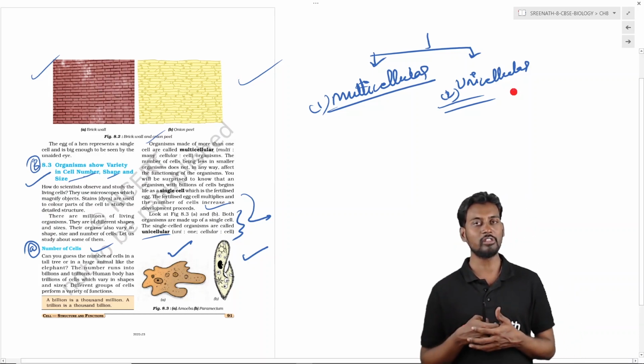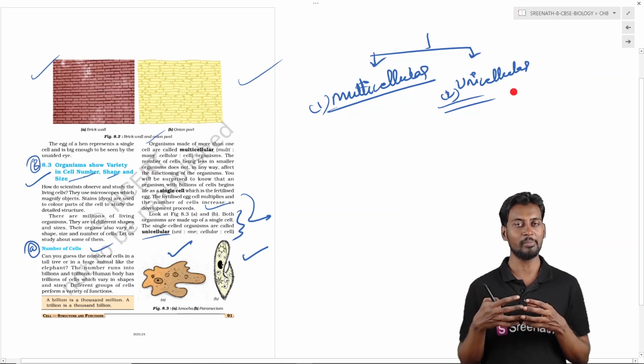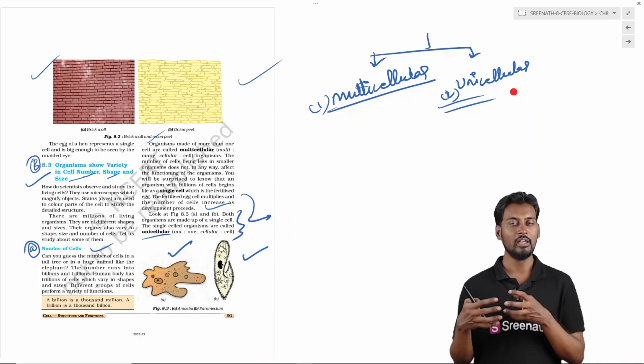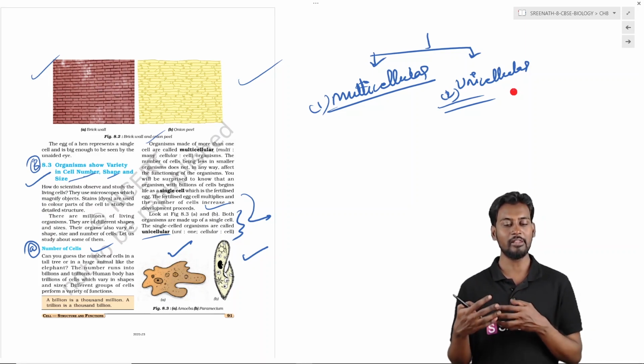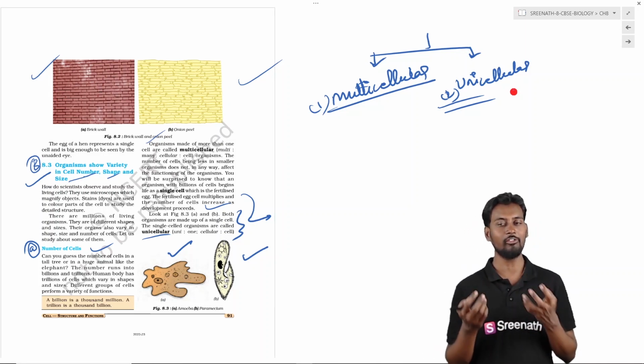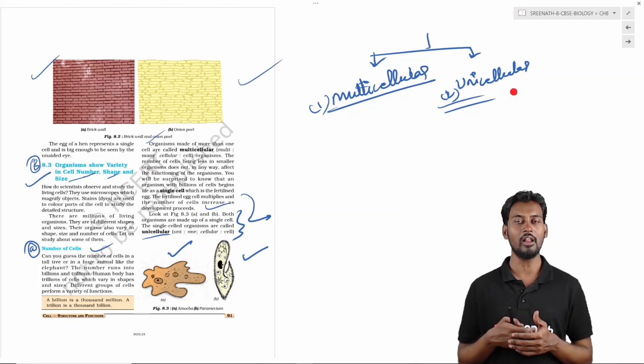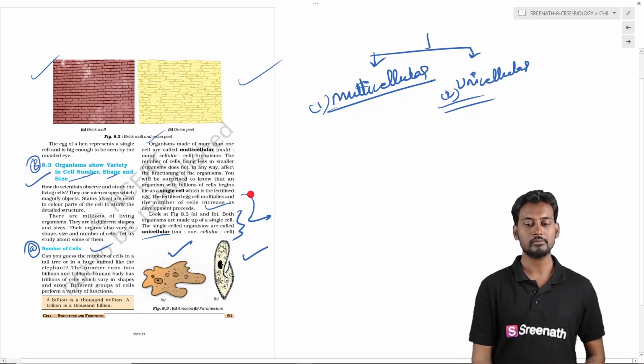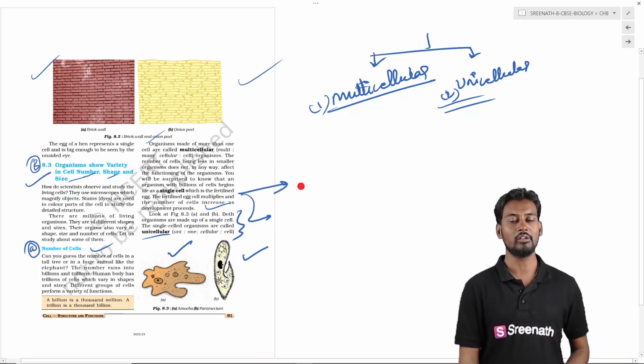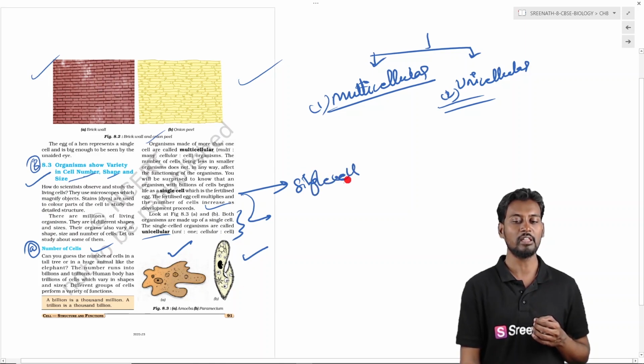But coming to the unicellular organism, all the life processes take place within a single cell, and that is called a unicellular organism. So the unicellular organisms are the ones which are single cells, where the life processes take place within the single cell.